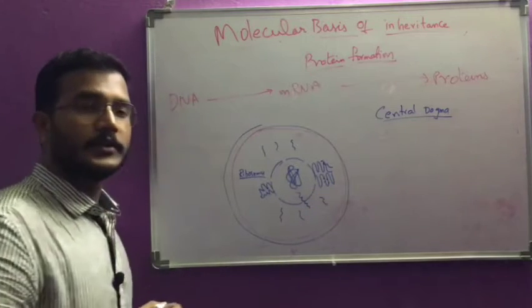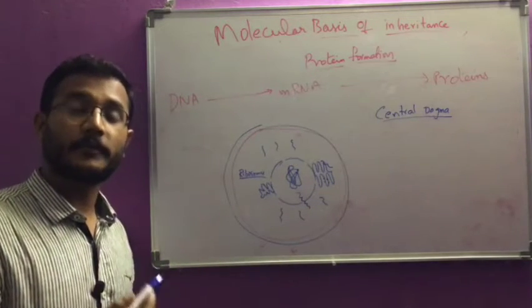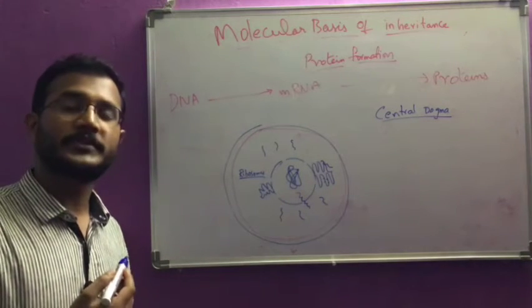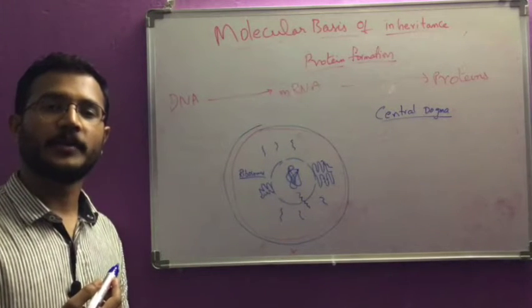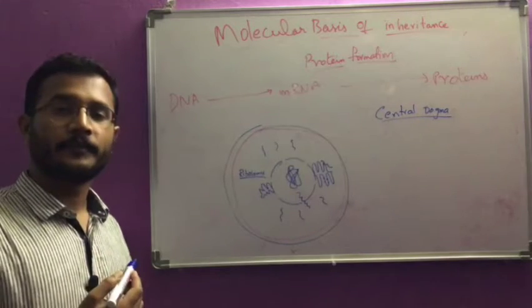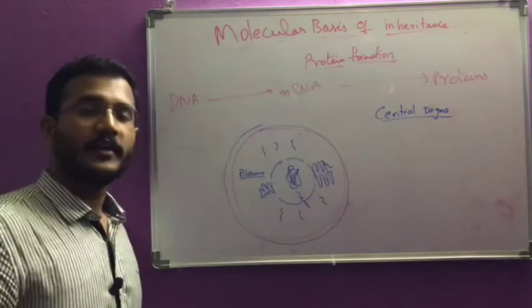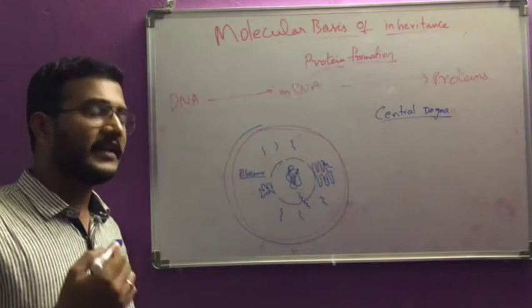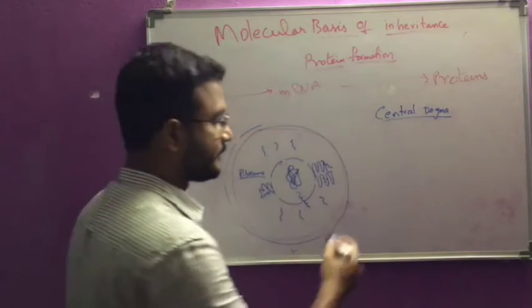Like this. So either the free ribosomes present in the cytoplasm or the ribosomes present in the endoplasmic reticulum will take this mRNA and, with the help of other RNAs like tRNAs, synthesize the proteins.